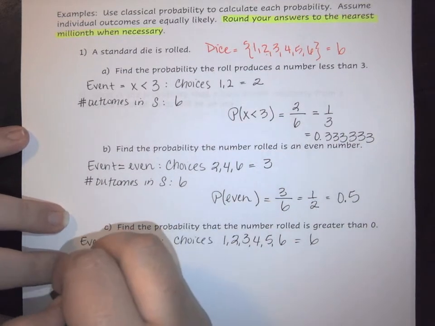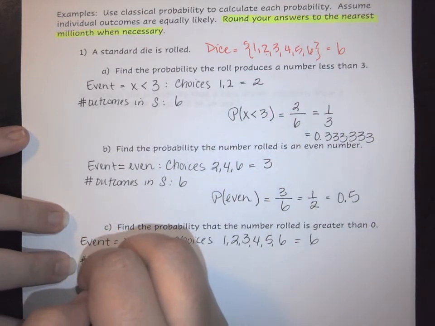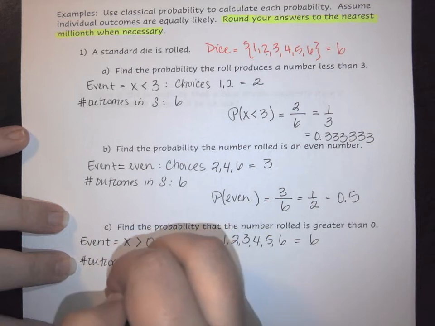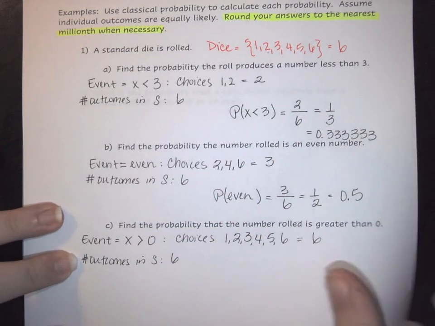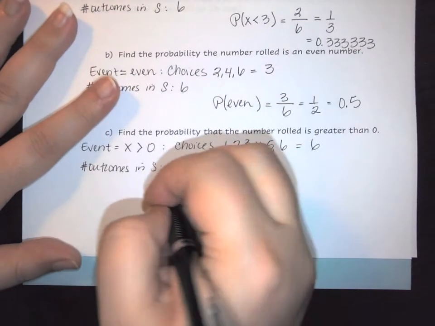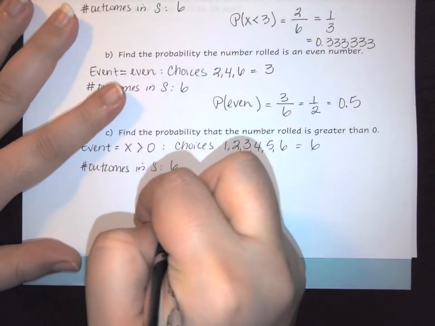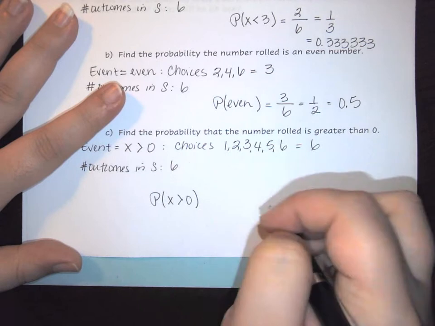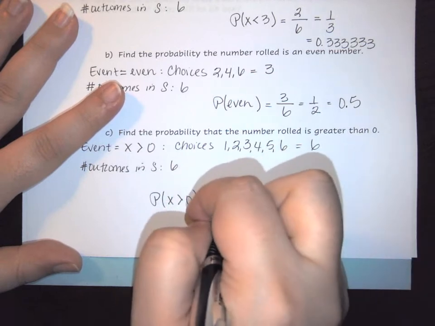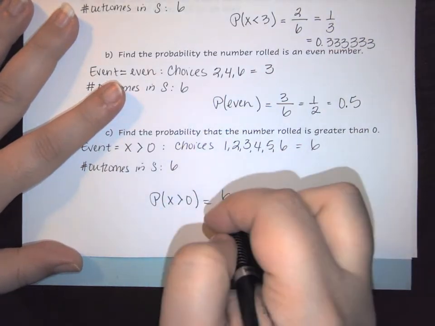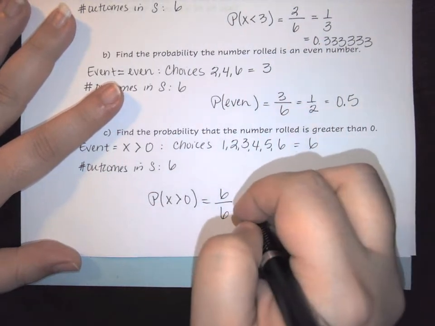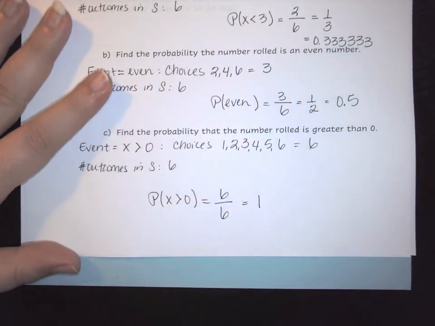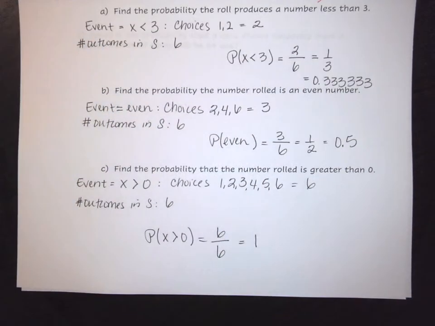Just like before, my number of outcomes is still that standard dice, so it is still 6 outcomes. So the probability that x is greater than 0 is my number of choices, 6, over my total options, 6, which gives me a probability of 1. And that's where we would stop.